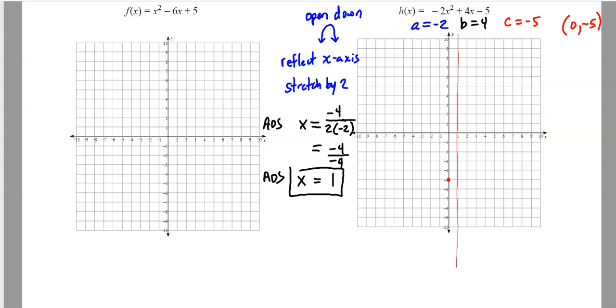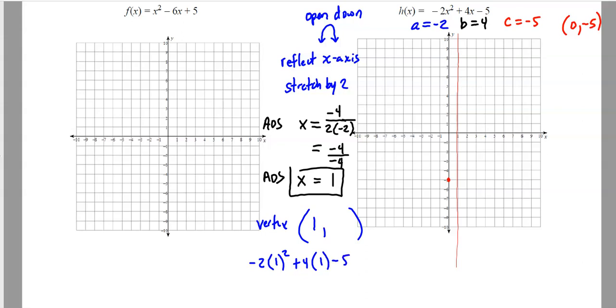You know, vertex form's kind of nice because I can just look at it and see. This one I actually got to do some work. So for the vertex, I know what x is. It's over 1. But now I got to plug that into the equation up top to figure out the y. So I'm going to have -2x squared plus 4 times x minus 5.